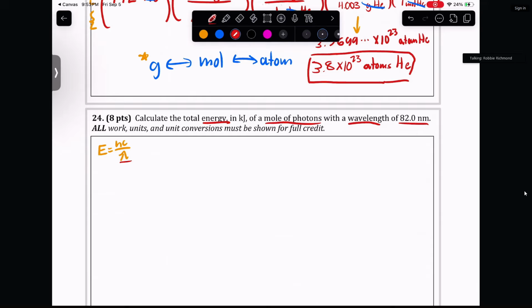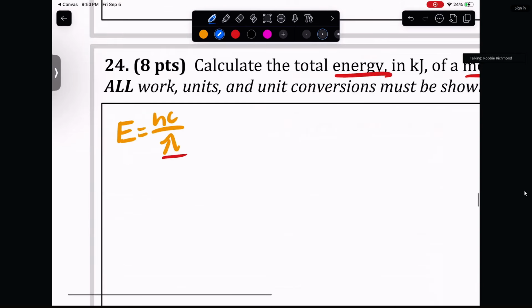Now it's important to note, this mole of photons, each photon has a wavelength of 82 nanometers. The entire mole doesn't have 82 nanometers, just one photon of that mole. So whenever we're computing energy from this formula, that's just going to be the energy of one photon, not a mole of photons.